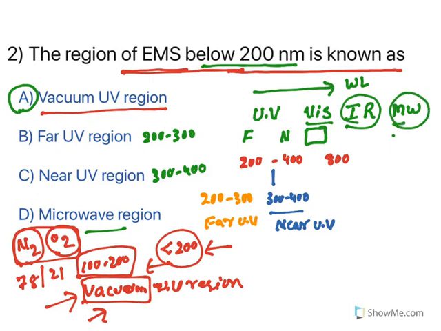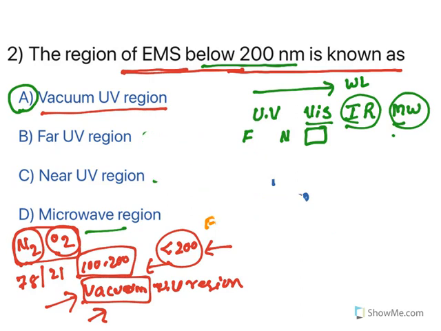Now understand the names also. The radiation names are given in a particular order. Visible starts from violet, indigo, blue, green, yellow, orange and red. The radiation after this red is known as infrared. The red is taken from here. After this red it comes, hence it is known as infrared.